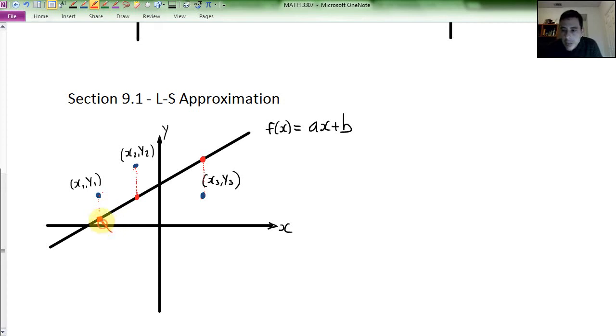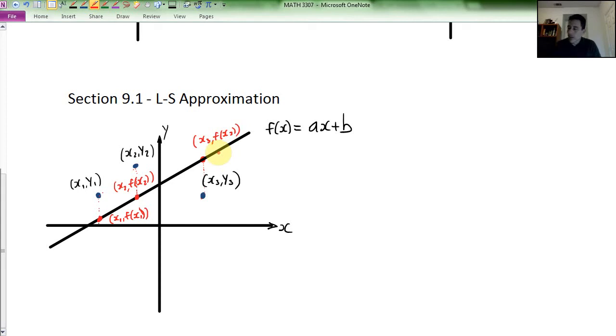This one here would be f of x1, because this point is x1, y1, so they have the same x value. So maybe I should do it this way: x1, f of x1, and then this point here would be x2, f of x2, and that point is x3, f of x3.